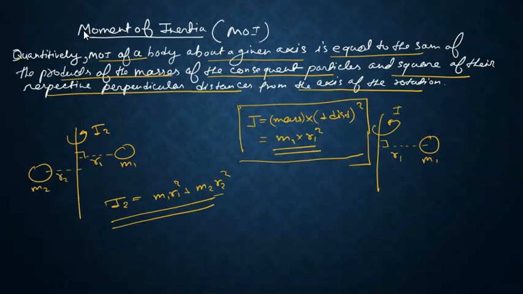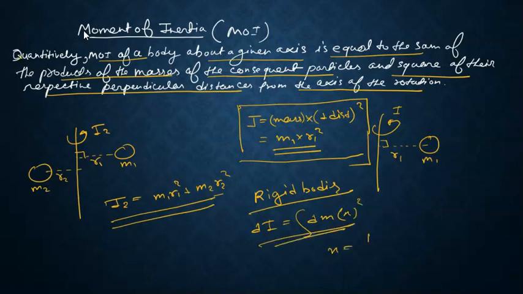And in case of rigid bodies, simply we take elements and we integrate over the whole body, and we use dI equals integration of dm x square, where x equals the perpendicular distance between the particle and the axis of rotation.